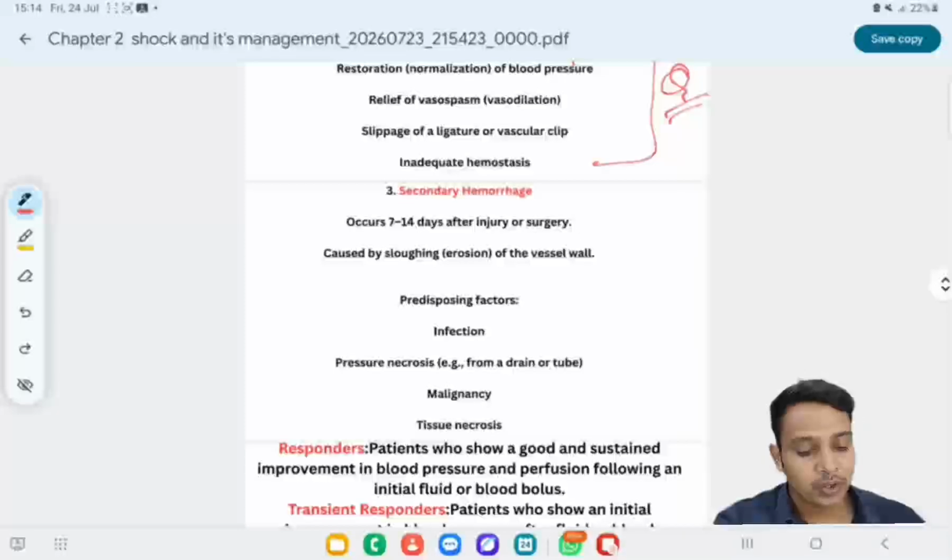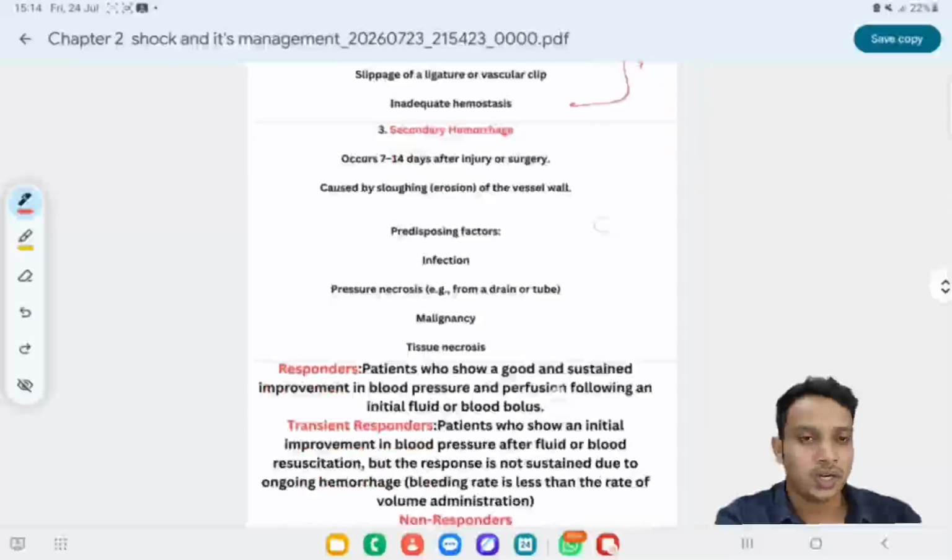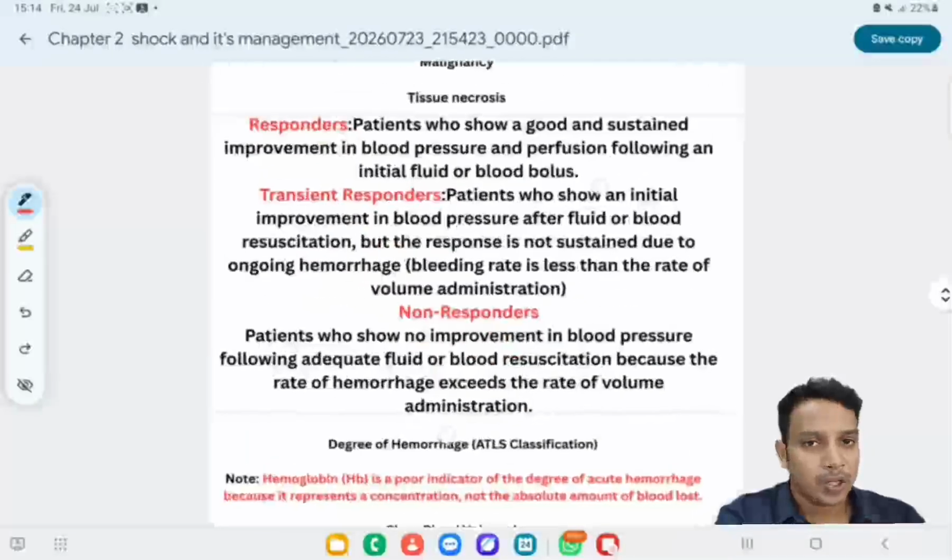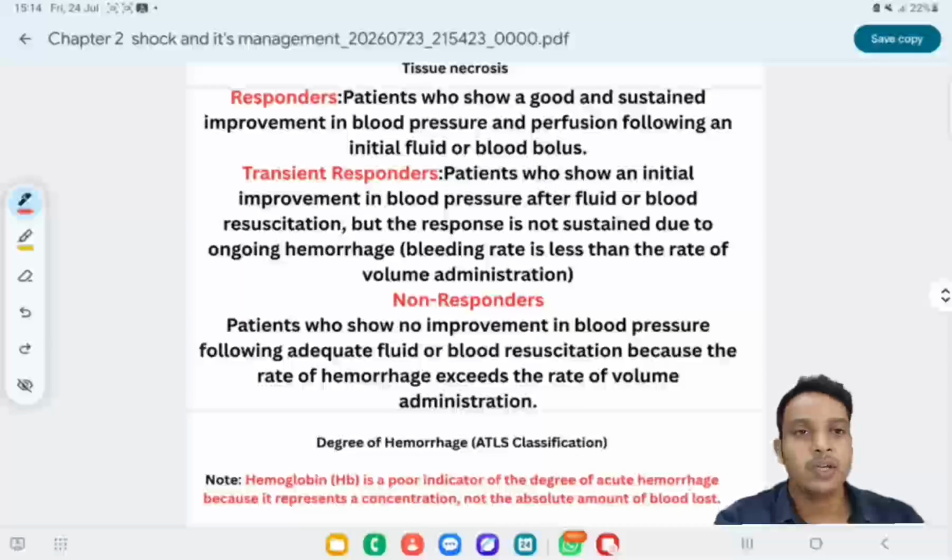So remember friends, whenever you are going to treat a trauma patient or any kind of shock patient, there are three categories of patient. One is responders, in which after adequate resuscitation, the patient will show improvement in vital parameters. Also there are transient responders, who show a response only for a few minutes, and then their vital parameters drop back again.